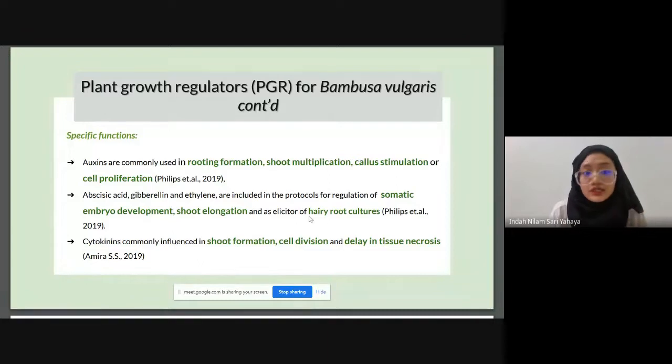For example, auxin is commonly used for root formation, shoot multiplication, callus stimulation, or cell proliferation. Abscisic acid, gibberellins, and ethylene are usually used for regulation of somatic embryo development, shoot elongation, and act as an elicitor of hairy root culture. And lastly, cytokinin commonly influences shoot formation, cell division, and also delays tissue necrosis.